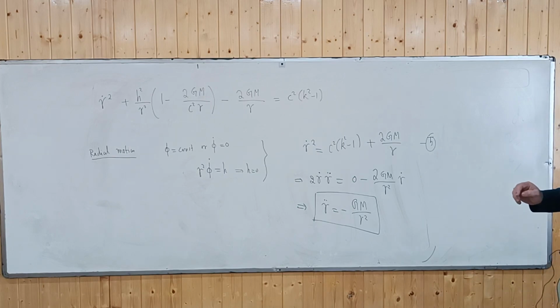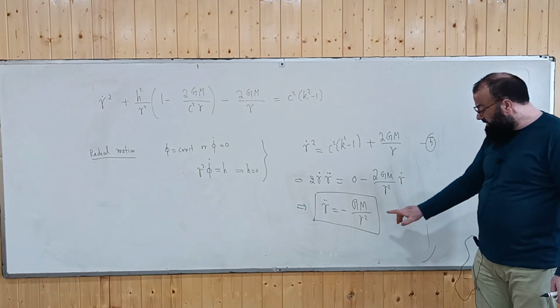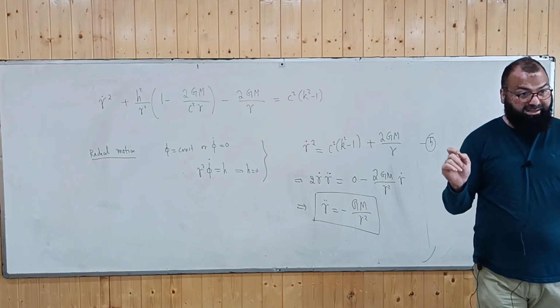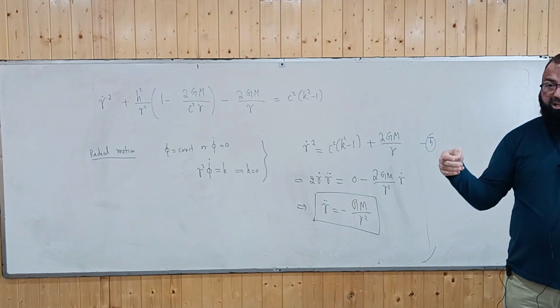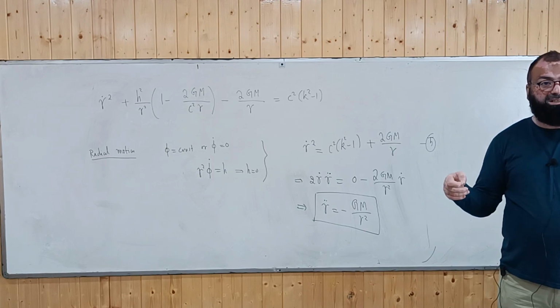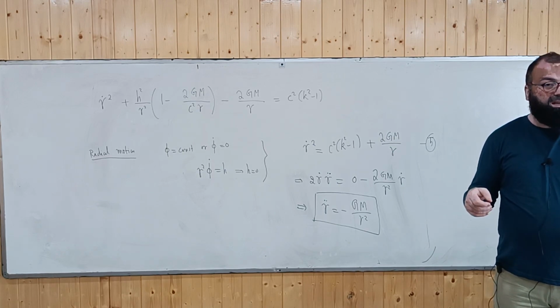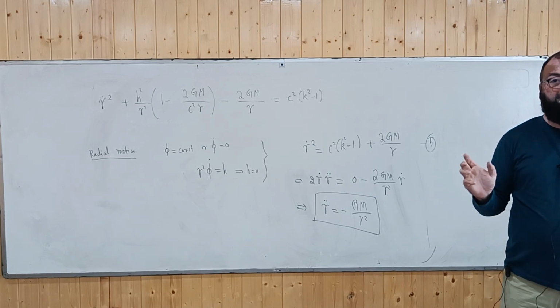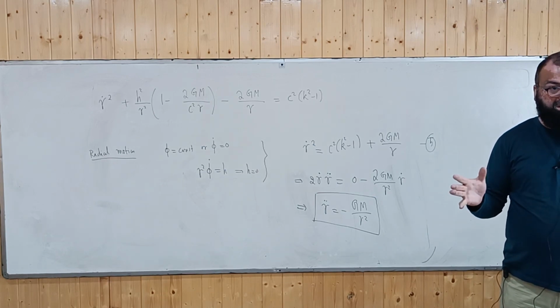The first point is that this r is not the distance between the test particle and the center of the massive object which creates our gravitational field. This r is not the distance of separation between the two. In other words, this is not the coordinate distance.